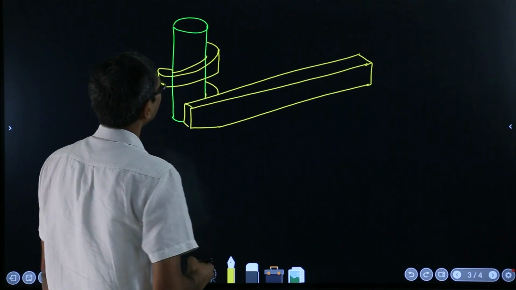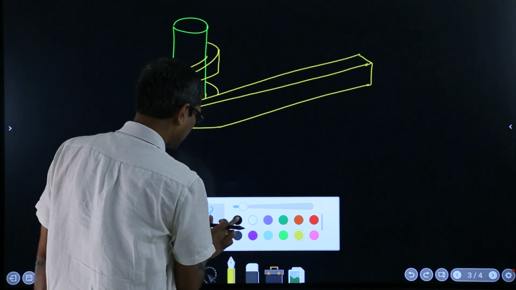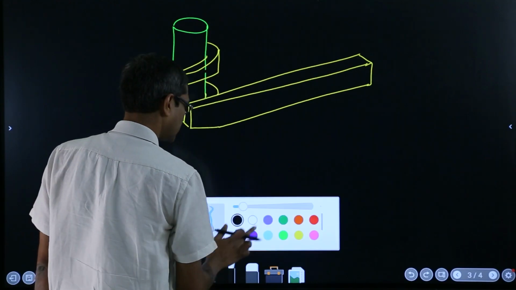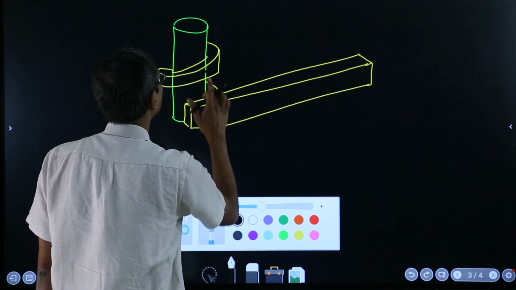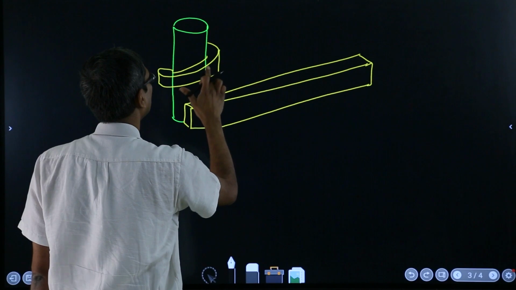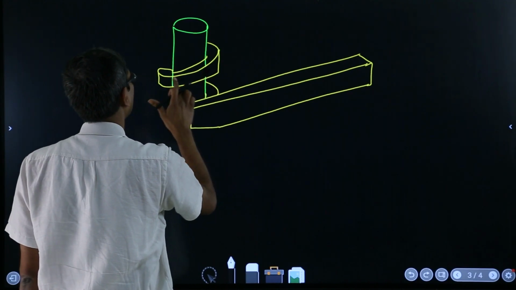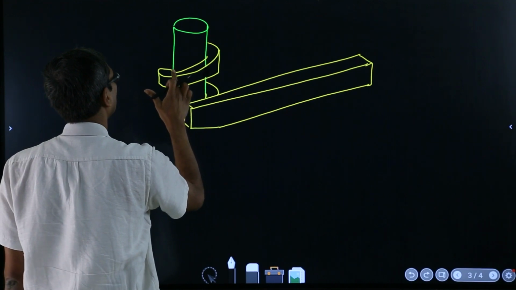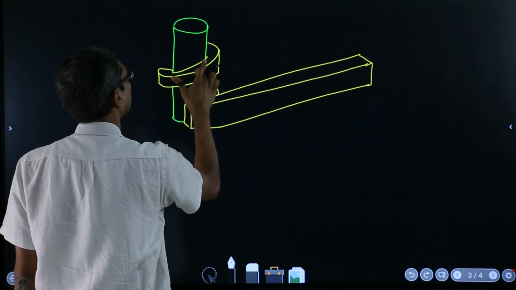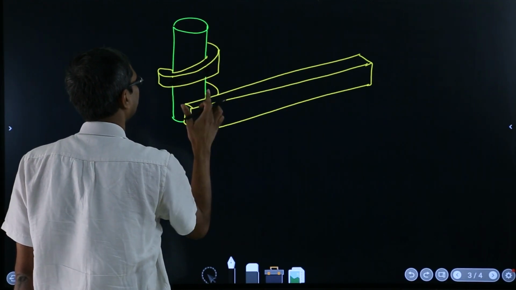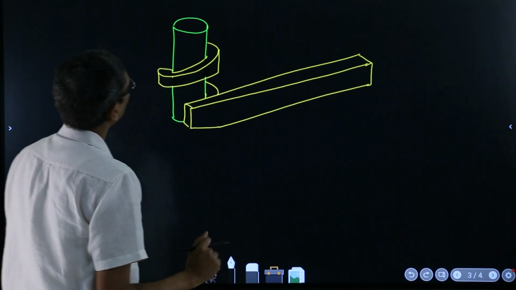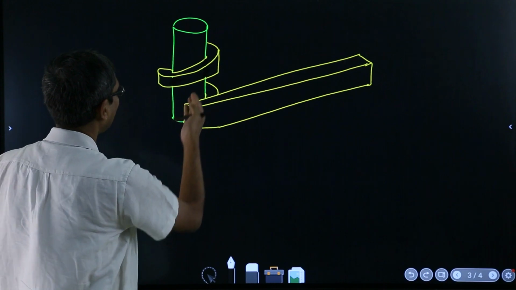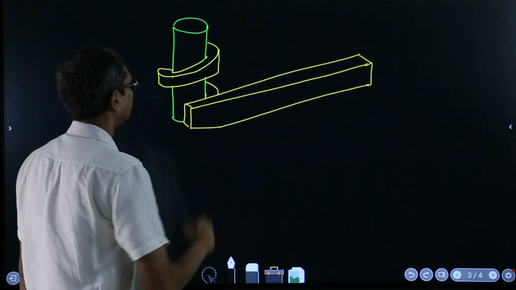Let me erase some parts so that it is more understandable. Now I have wrapped up this wedge like that.